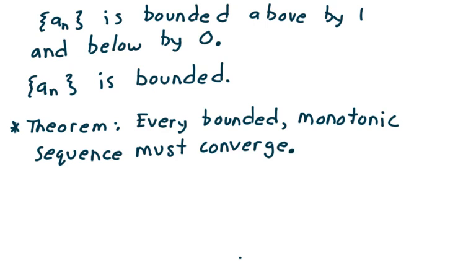It doesn't tell me what the sequence converges to. We just know that it has to converge to something. That's important. We don't know what it converges to. So I want to stress that.